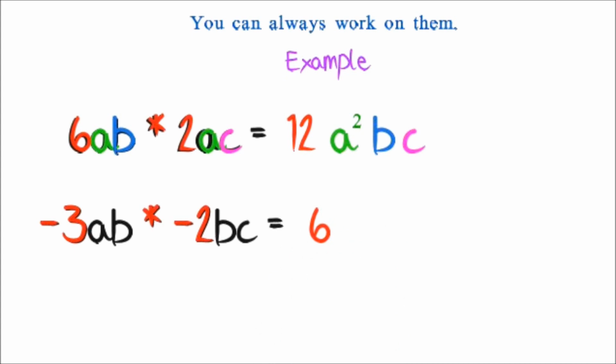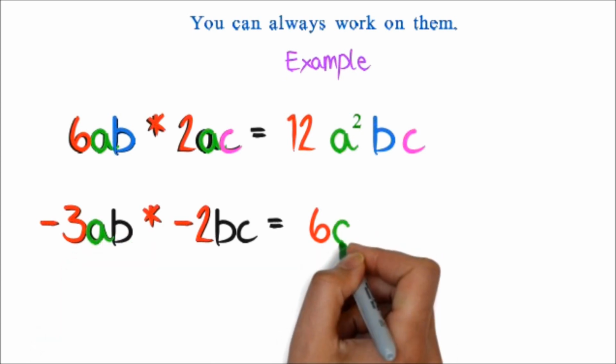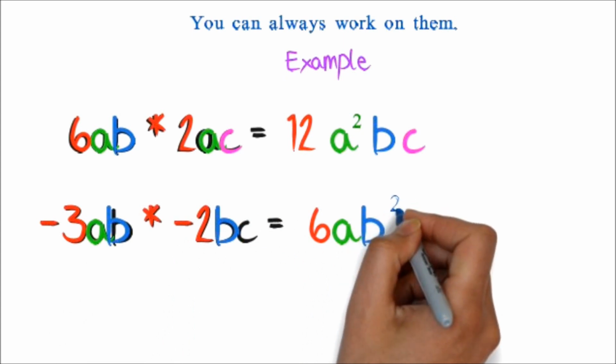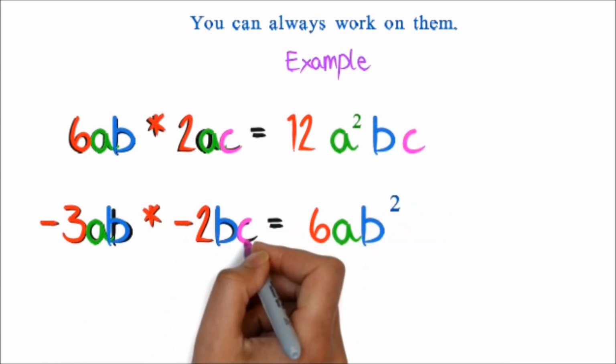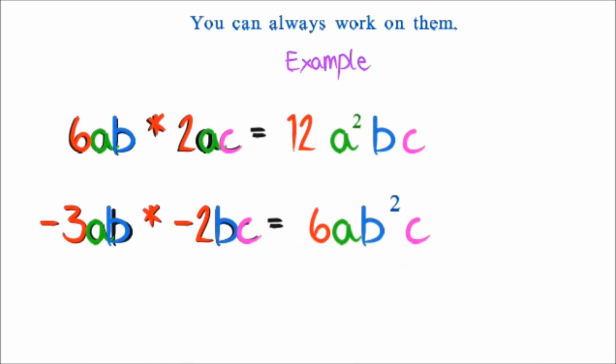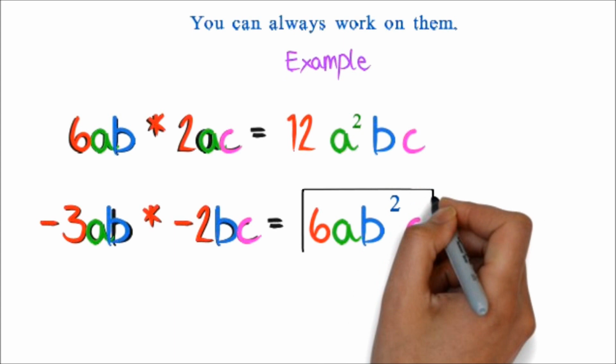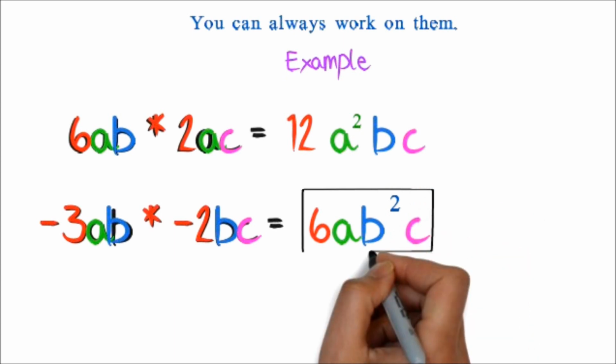Next, we look at the occurrence of the letters. The a occurs just once. The b occurs twice. And the c occurs once. So our final answer is 6ab squared c.